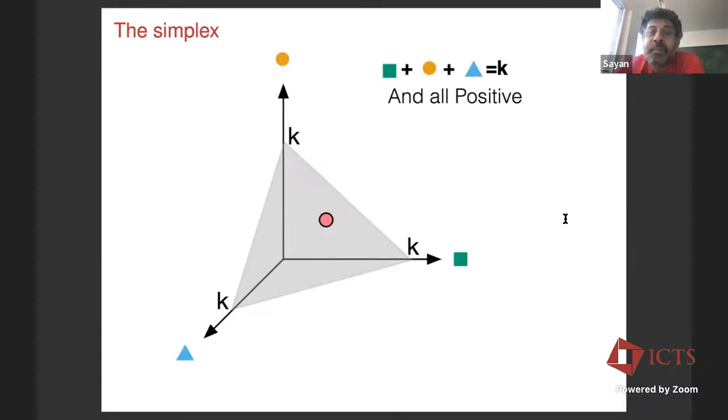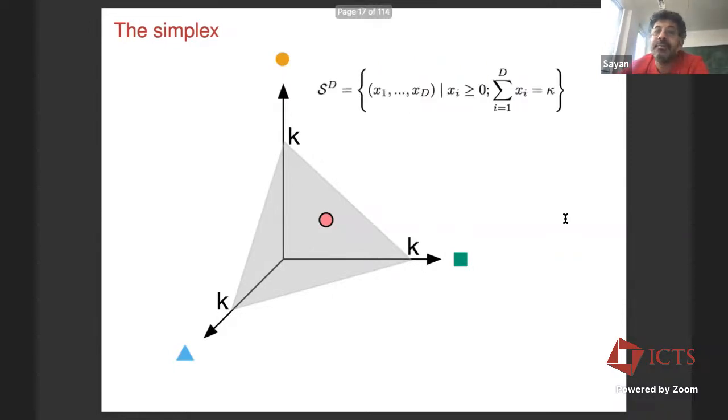If anyone has questions, please ask me. What I'm showing you now is a simplex. What's a simplex? Things add up to a constant. That is the compositional view, and what I just did was write out the math equation for a simplex.